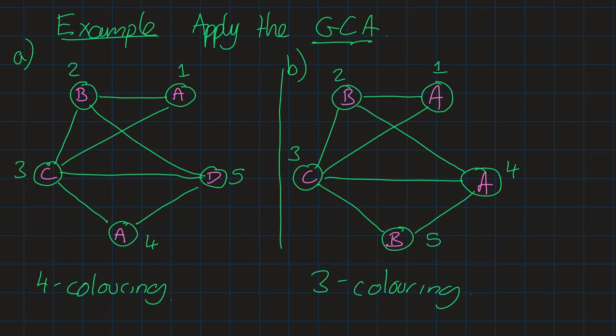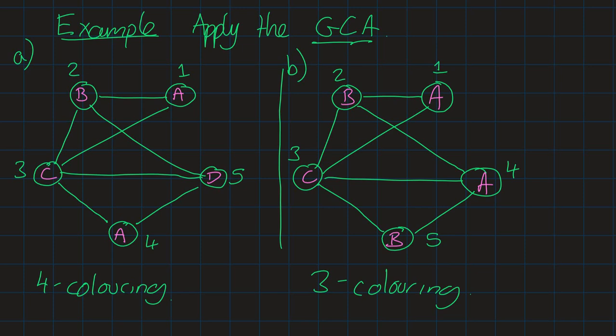And this highlights a really important fact. Like I said earlier, the greedy coloring algorithm is not guaranteed to give you the best answer. It strongly depends on how I number the vertices. If I change how I number them, it has the potential for changing the output of the algorithm.